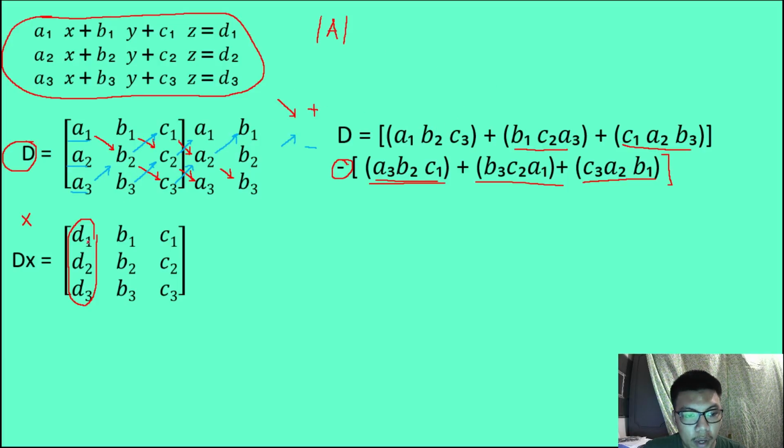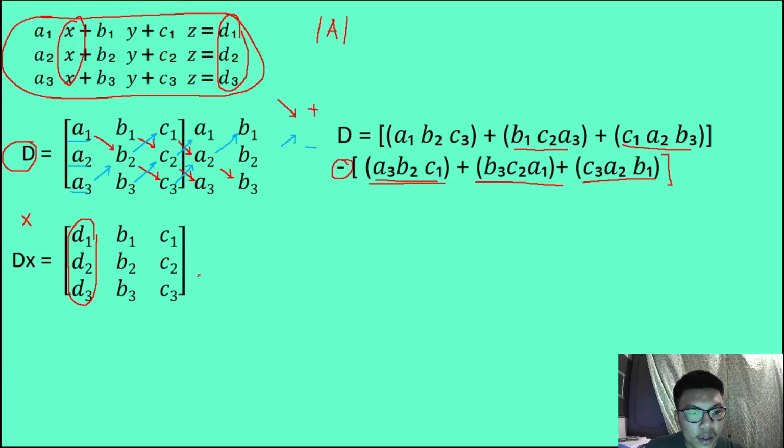Okay? Yung column natin para sa x na variable, which is A1, A2, A3, papalitan lang natin ng constant matrix or ng ating D1, D2, and D3. And the steps are the same.